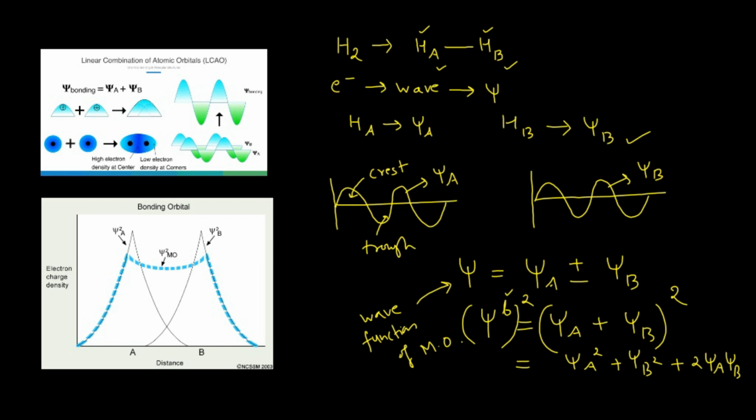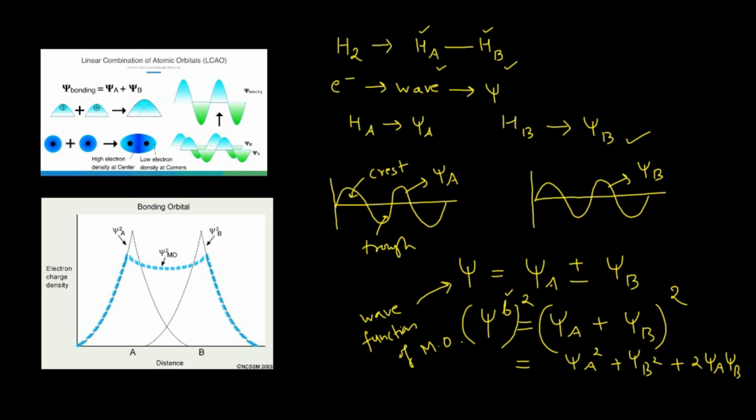That increased value is basically this one, 2 psi A psi B. It is very, very important to understand. Without understanding this, it is almost impossible to understand the linear combination of atomic orbitals.